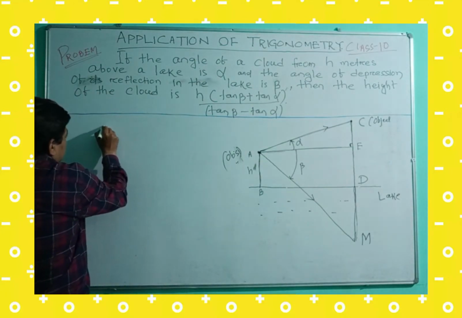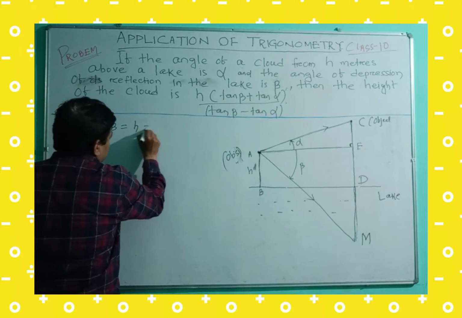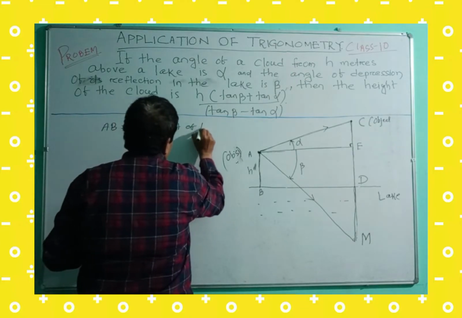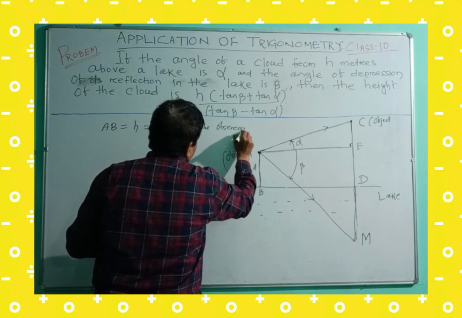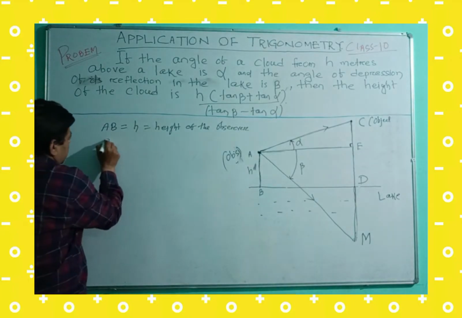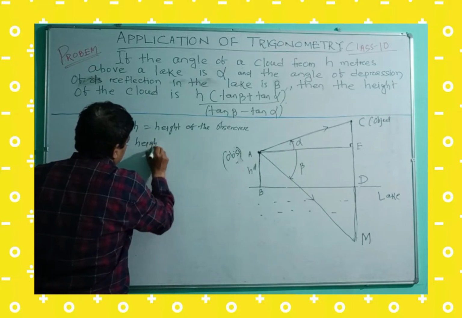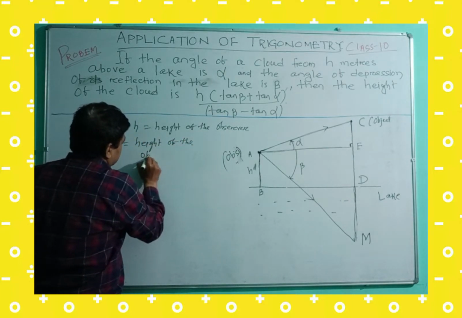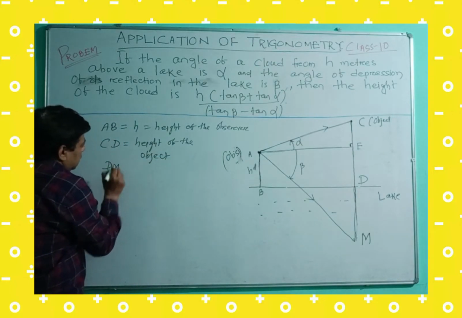Here AB is equal to what? AB is the height of the observer, which is H, the height from where the observer is observing the cloud. Understand? And CD is equal to the height of the object. And what is DM?